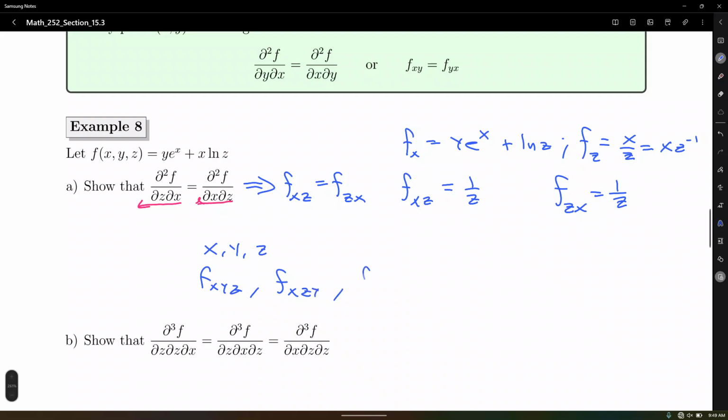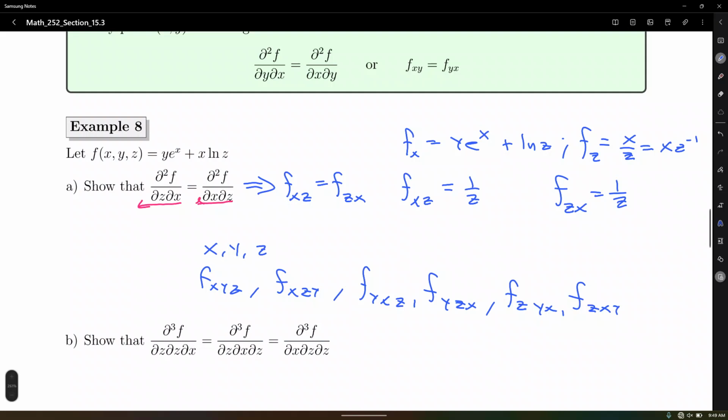Then if we start with y first, we can have x, then z, and z, x. And if we start with z, then we can get y with x and x with y. So that is a total of 6 potential orders of partial differentiation for 3 variables for the third order. And it turns out these are all going to be equal.